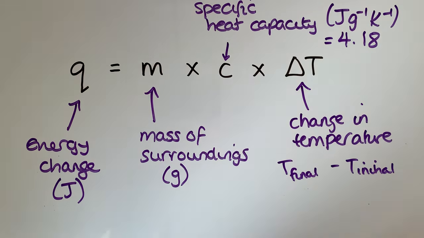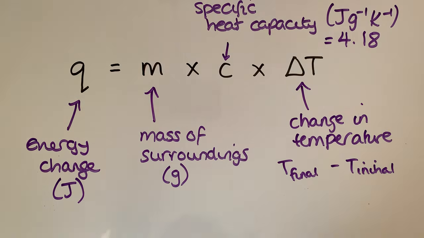Now, in terms of units, in chemistry, we tend to convert everything automatically to Kelvin. In this case, because you are working out the change in temperature, or the difference in temperature, it doesn't actually matter whether you do this in Kelvin or you do this in degrees Celsius. Because if you increase something by 1 Kelvin, it also increases by 1 degree Celsius. So the intervals are the same.